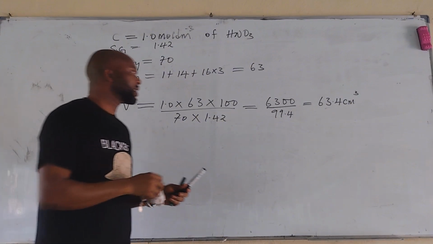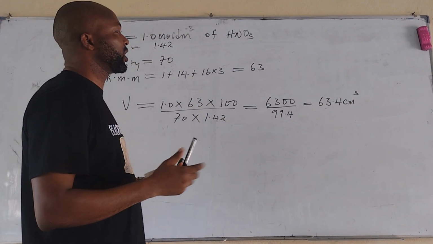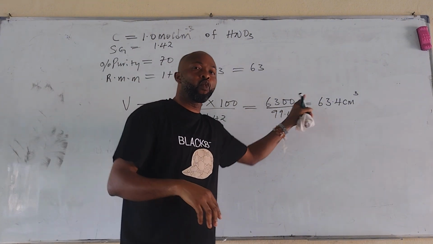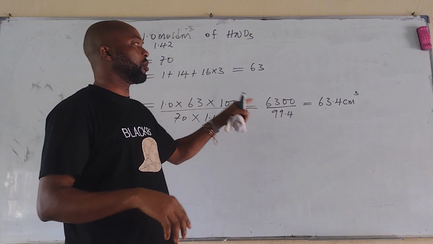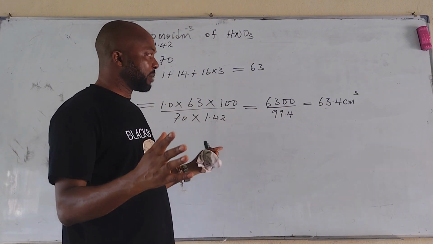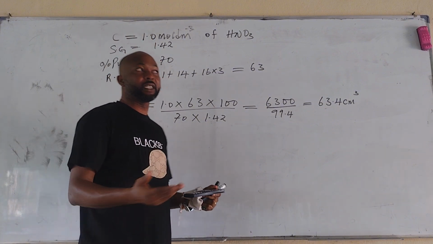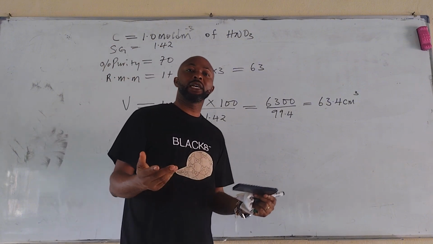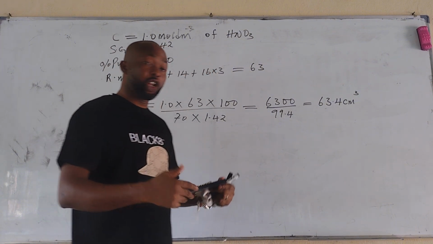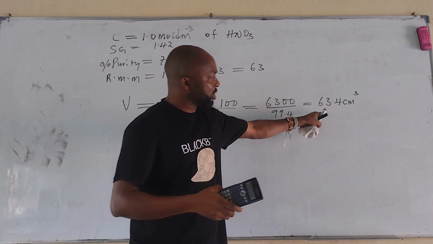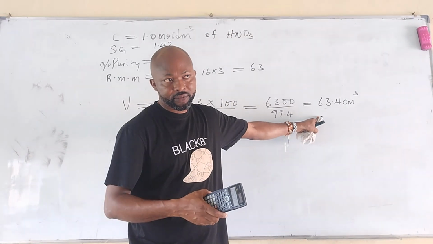If this is what I get, 63.4 cm³, I dissolve this in 1,000 ml of water to make my standard solution. Because I don't want to waste my reagent, if you're carrying out a titration class where there are a lot of students, it is okay to dissolve in 1,000 ml of water.